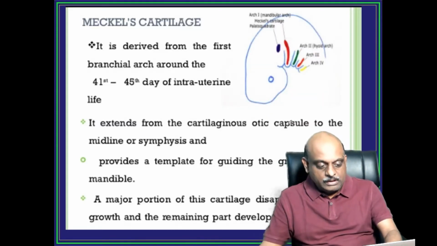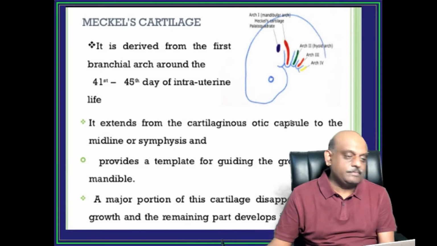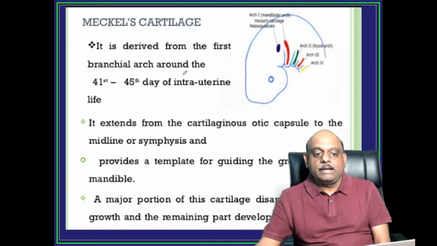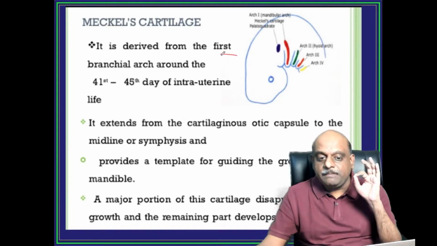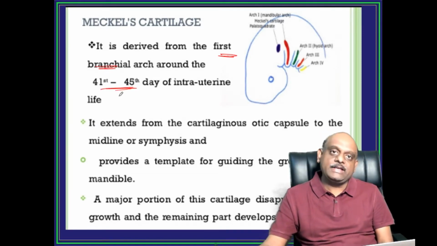Now, 3 to 4 points about Meckel's cartilage that you need to get clear with. It is the first branchial arch derivative. Develops between 41 to 45 days of intrauterine life.